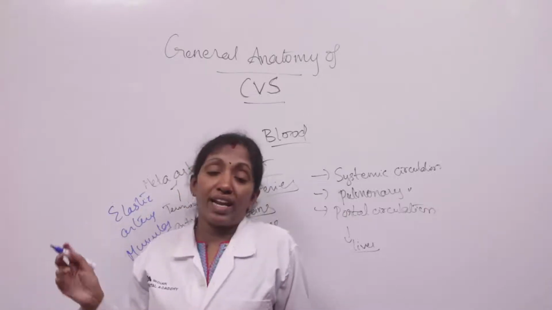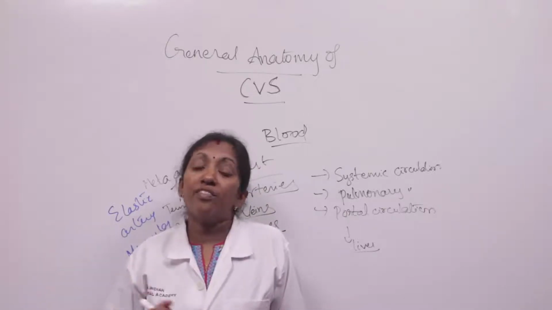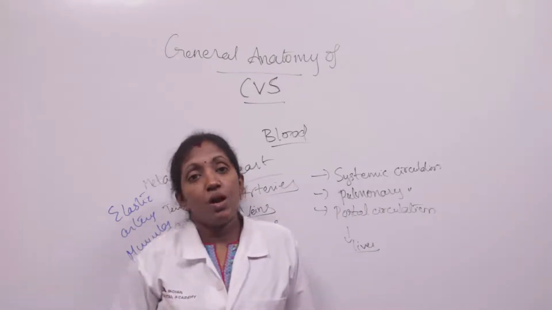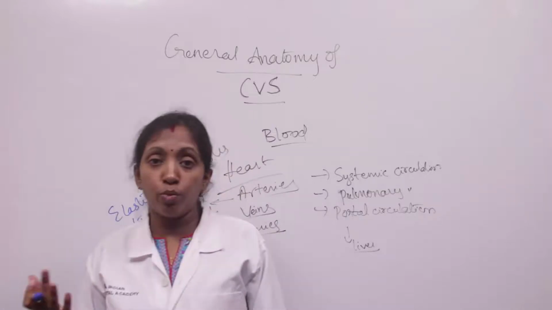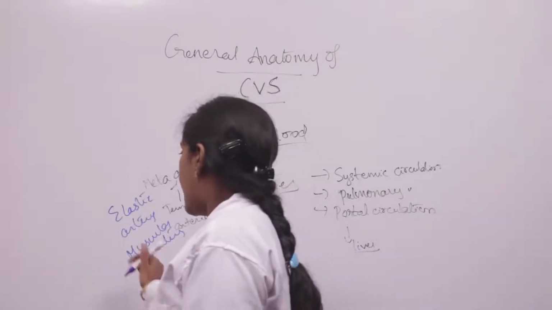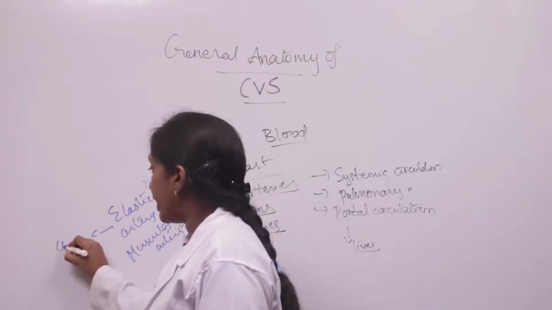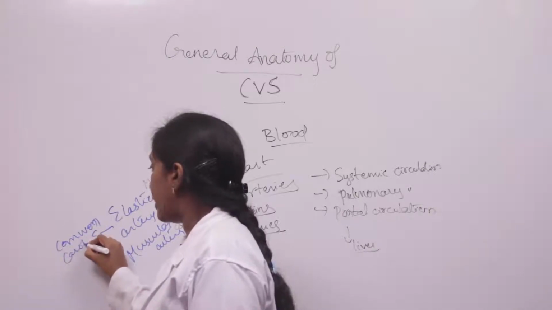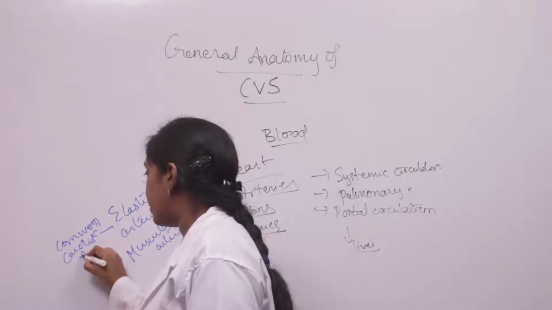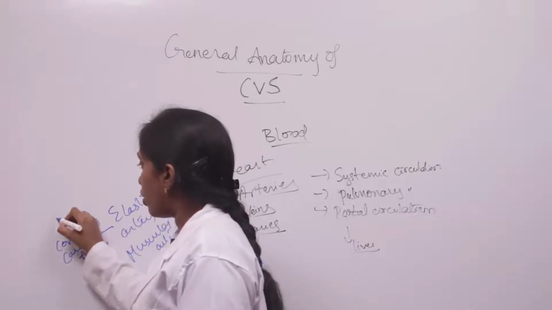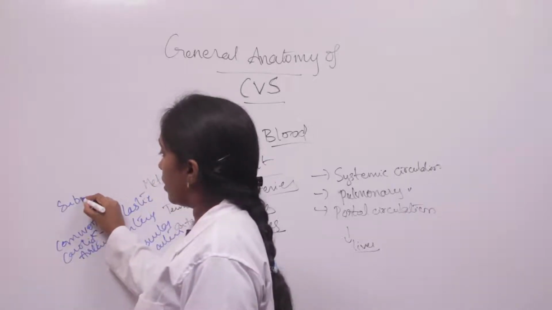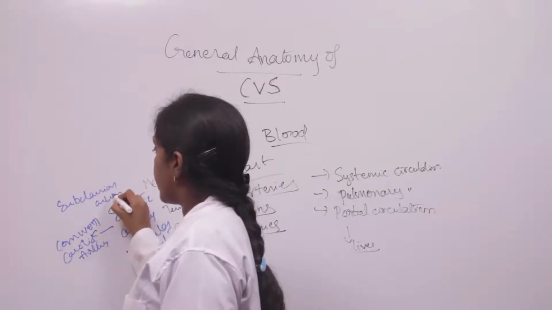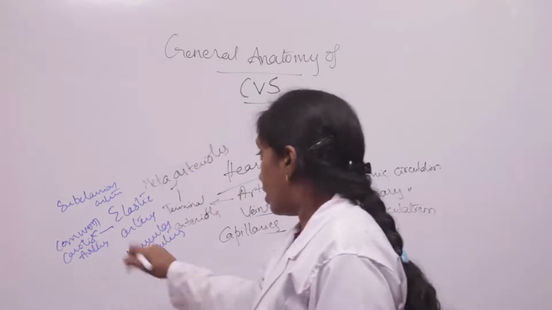In the tunica media of an elastic artery, there are more elastic fibers, and in the tunica media of a muscular artery, there are more smooth muscle fibers. An example of an elastic artery is the common carotid artery, which is the best example, and also the subclavian artery.